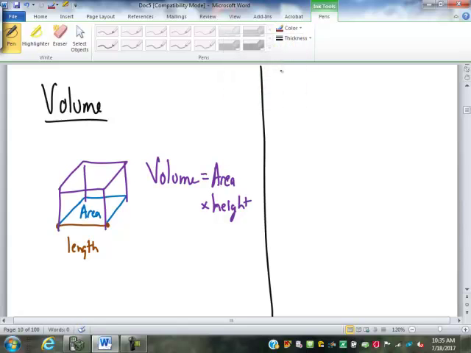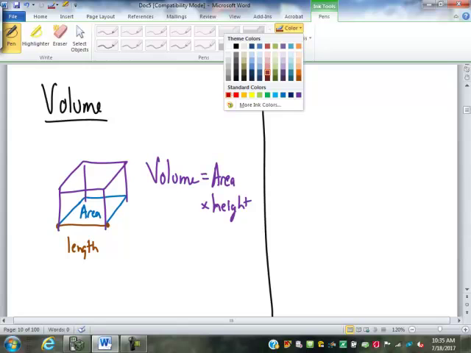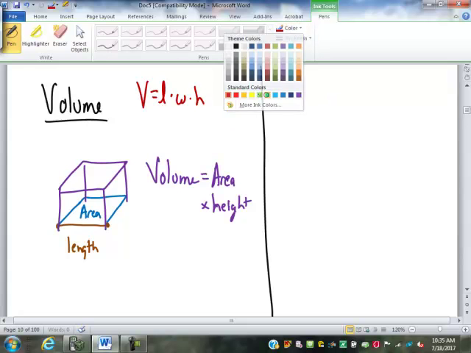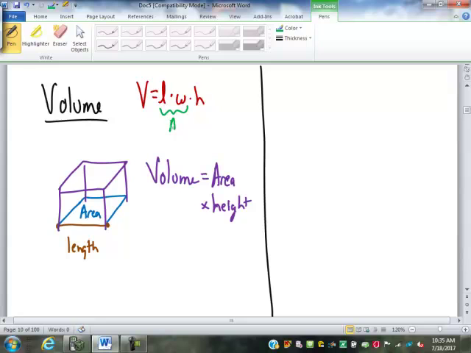A lot of you have seen volume defined as length times width times height. Well, length times width is area, right? So volume being defined as an area times a height is the same formula. But there's a very good reason why I put it this way.